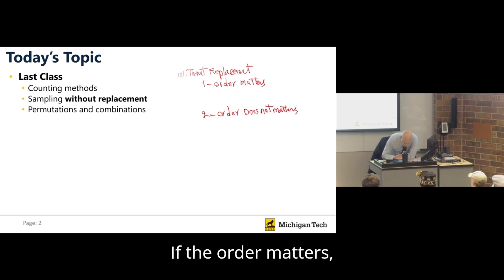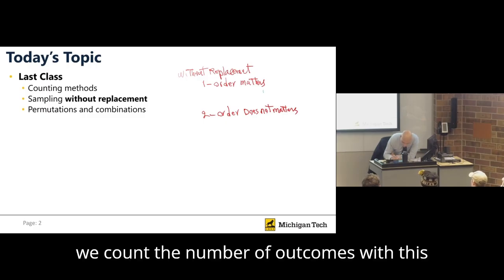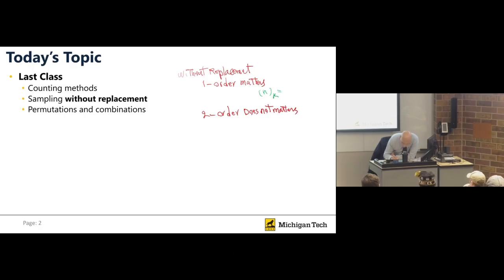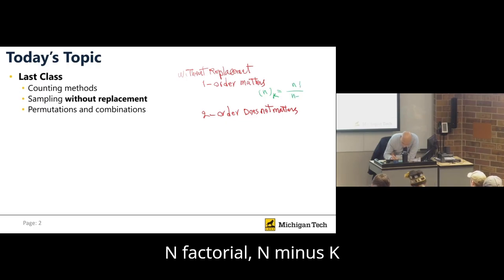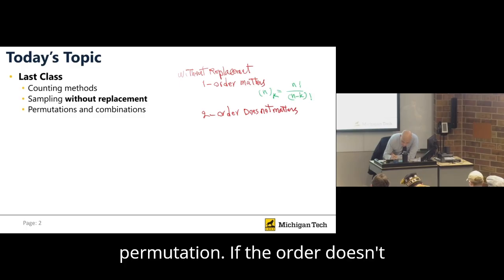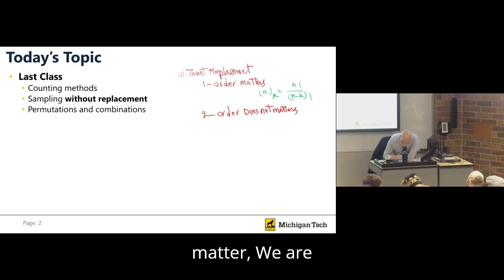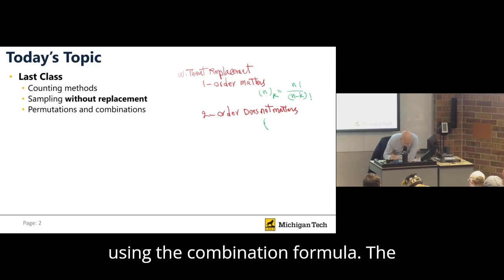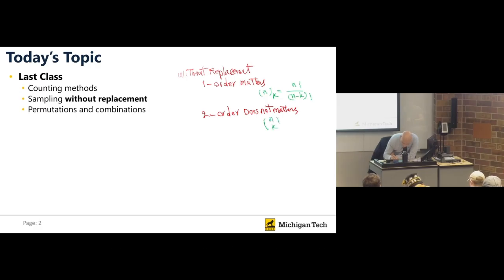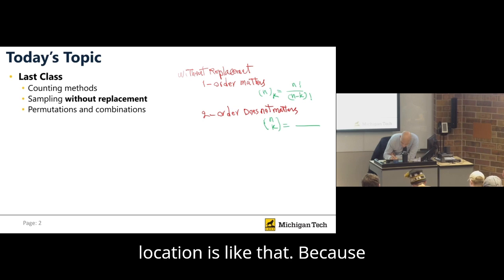If the order matters, we count the number of outcomes with this formula, remember? n factorial over n minus k factorial. We call that permutation. If the order doesn't matter, we use the combination formula. The notation is like that.